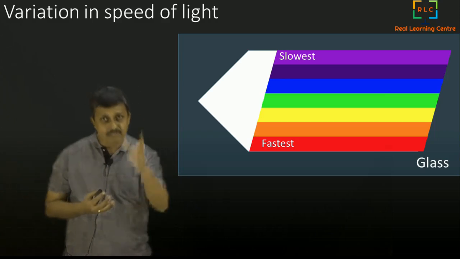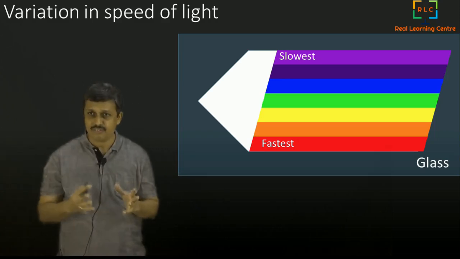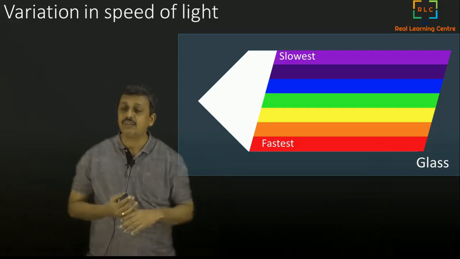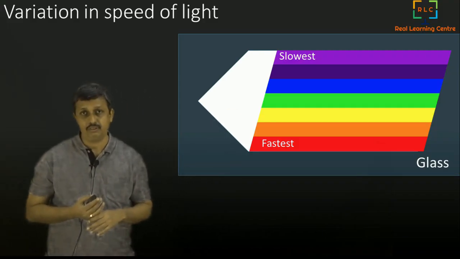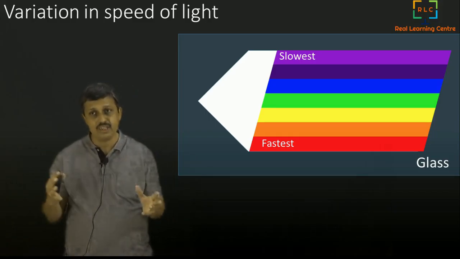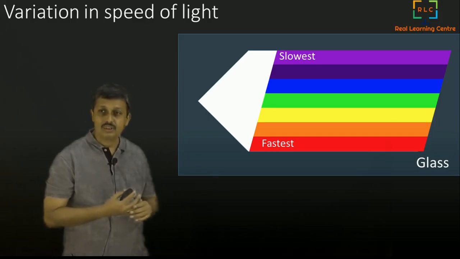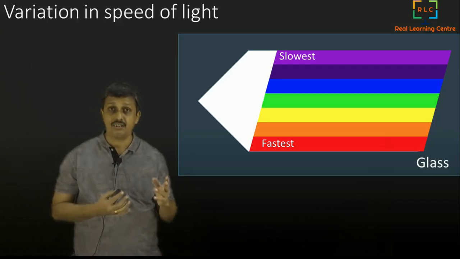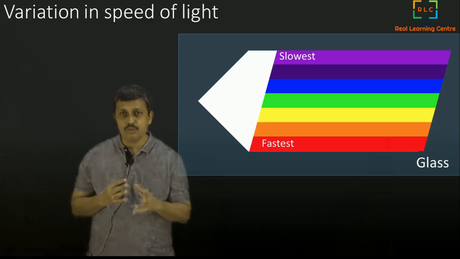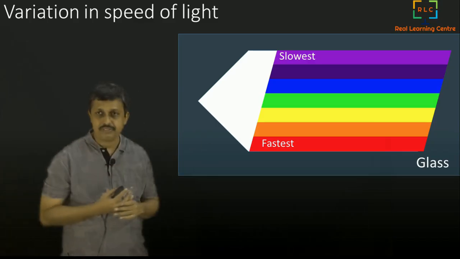In the case of most glasses, we see that red travels faster and violet the slowest. But it is not a norm. You can find a transparent medium in which red travels slower. It depends on the kind of material. But in most glasses, this is what we have observed.